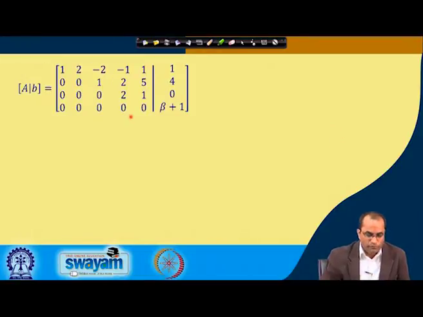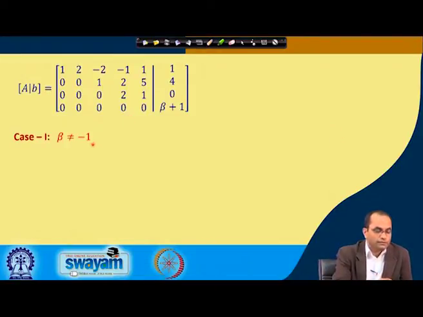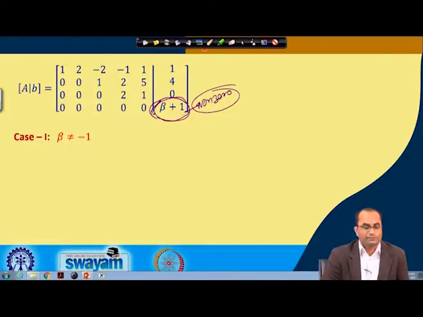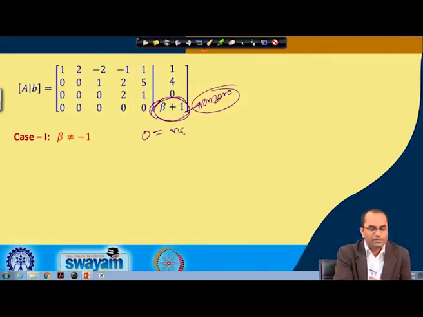So, this is the reduced form, and now we will take the first case when beta is not equal to 1. That means something non-zero is sitting at this place here. If something non-zero is sitting here, that means the last column has a pivot, meaning that we have an inconsistent system, or in other words we have 0 equal to something non-zero.